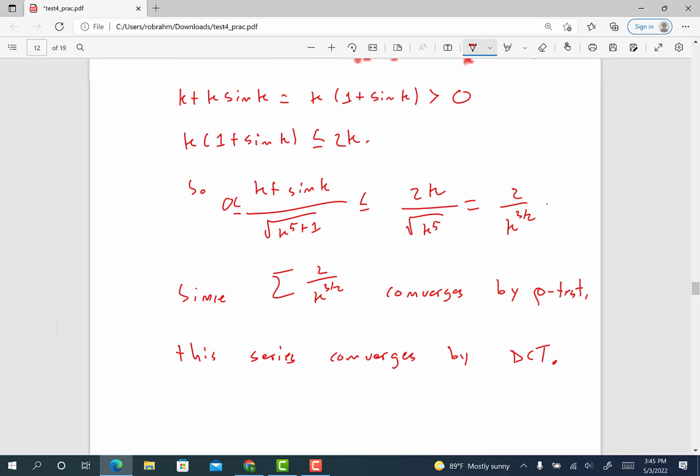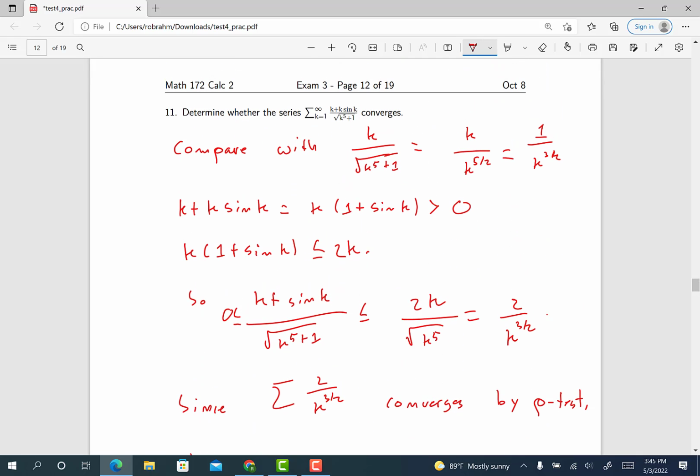But please keep in mind, if we want to use the direct comparison test, we have to make sure that the terms of this series are all non-negative, and that's what this does here. And then this right here is where we show that the numerator is less than or equal to 2k. But to do the direct comparison test, we first have to make sure that the terms of this series are non-negative.